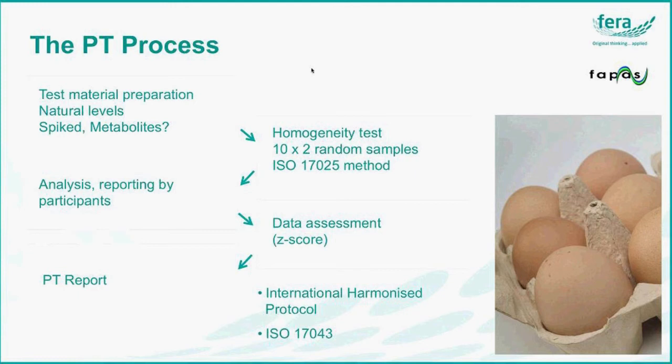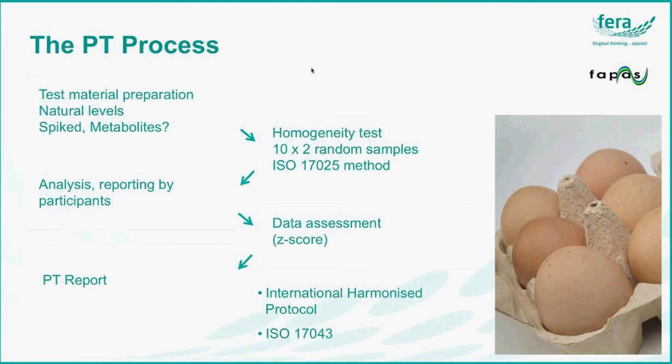Then it's the turn of the participants to receive their sample, carry out their analysis and report the result. Once we have all the results in, we do a data assessment. That is quite involved. It involves statistical assessment, but the outcome is the Z-score, which participants are familiar with. And this is all produced in a report.